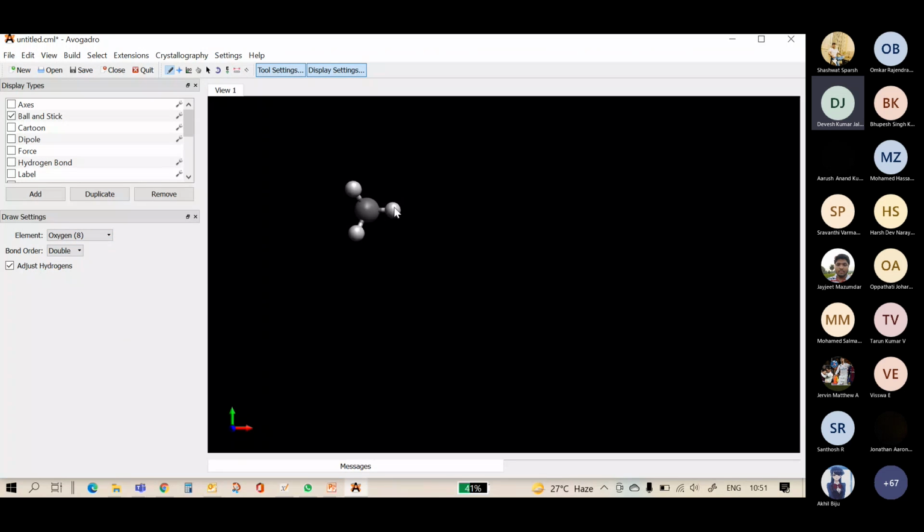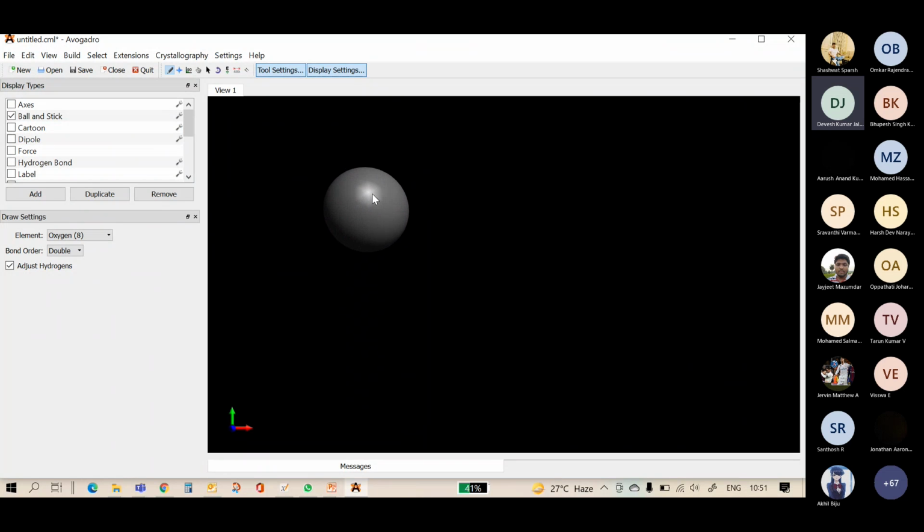By default, when I draw carbon, it automatically fills the normal valency of carbon with hydrogens. That's because we have enabled add hydrogens, so you can remove the hydrogens. You see it's removed now.